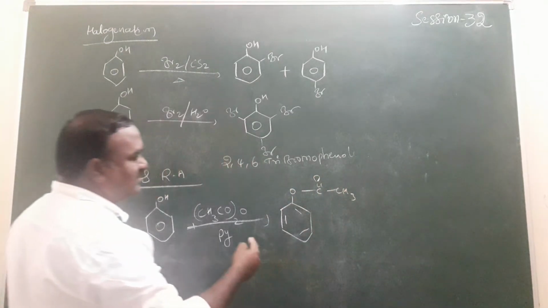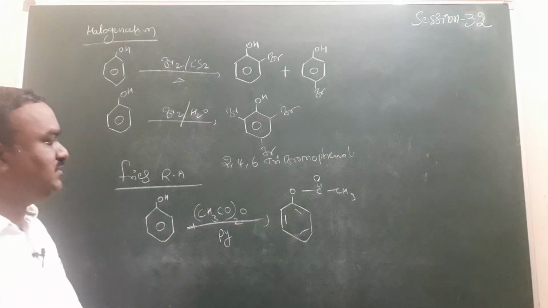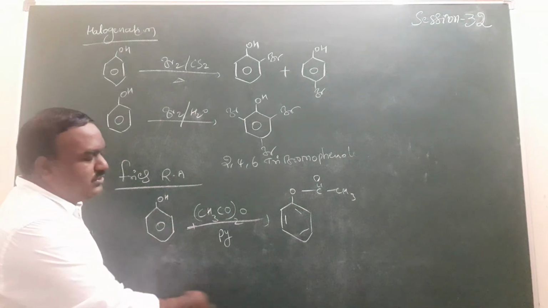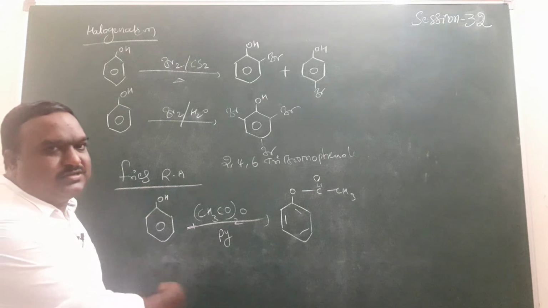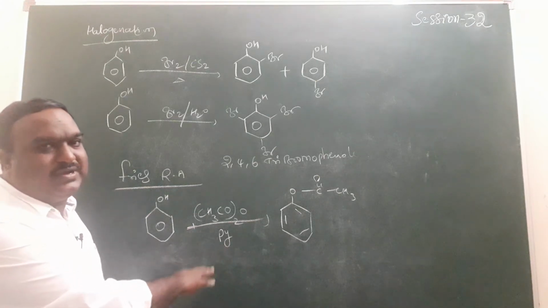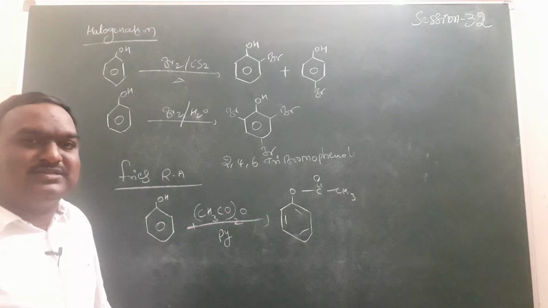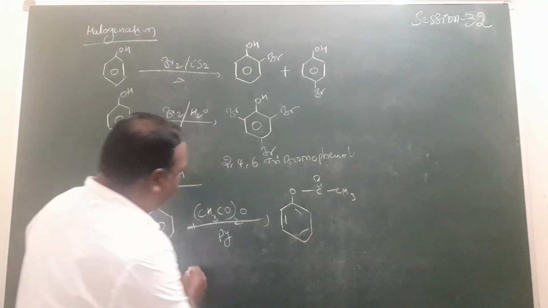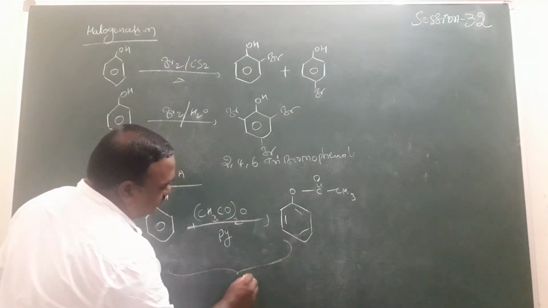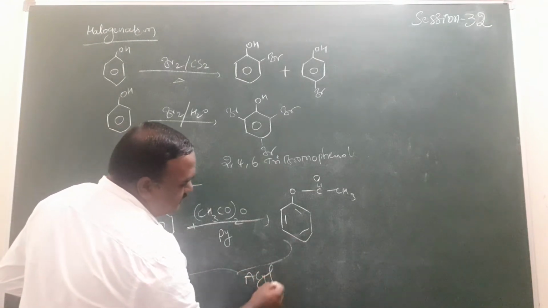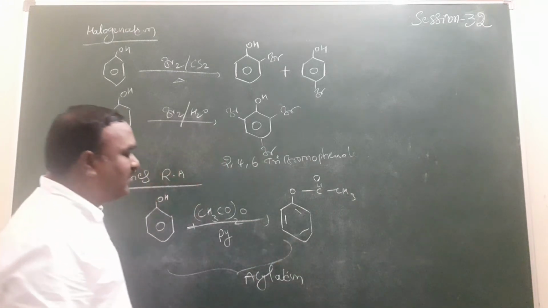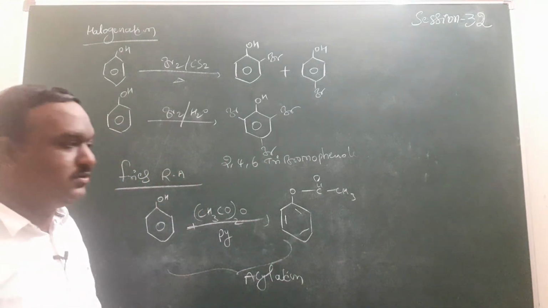We have discussed this concept in the previous session. Using salicylic acid, we prepared the aspirin drug by an acylation reaction. Up to here, it is generally called the acylation reaction.